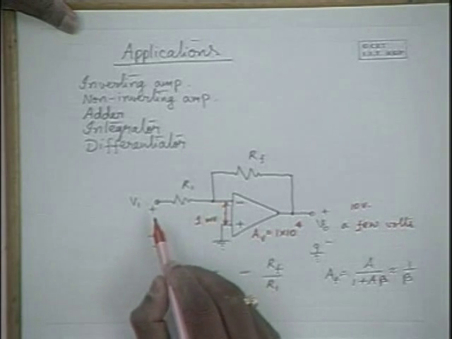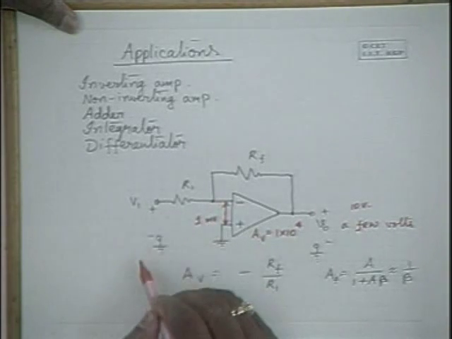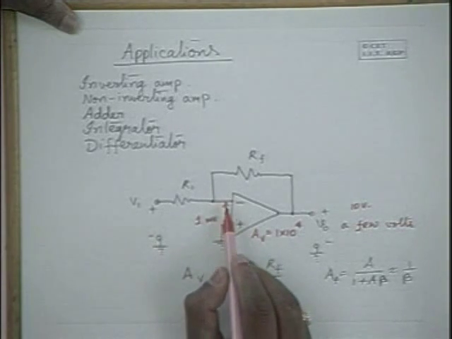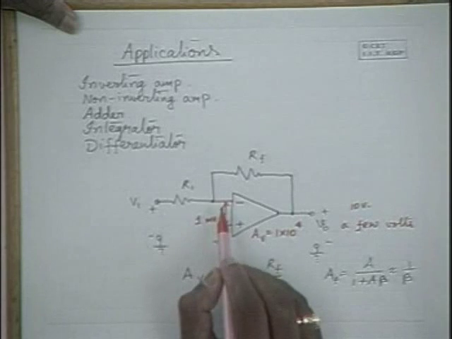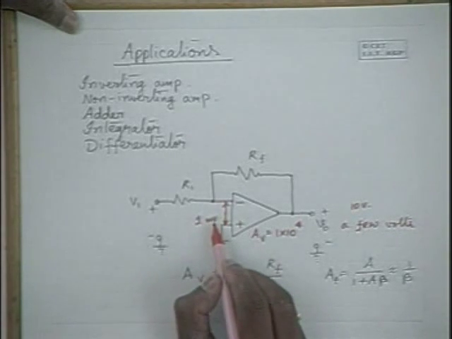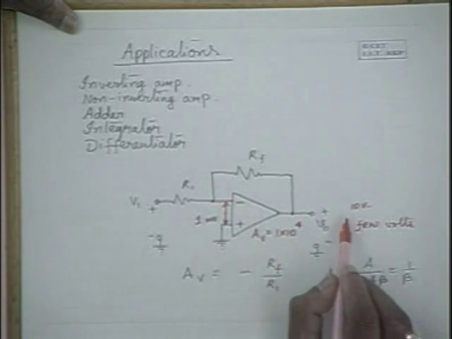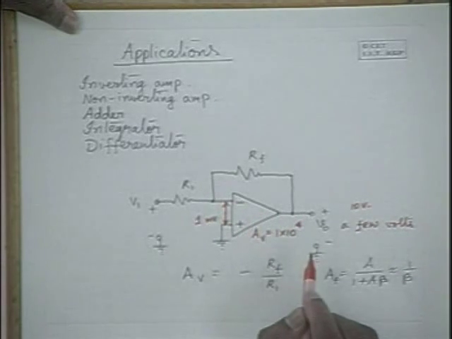The input may be a few volts, but at the differential input terminals of the op amp, the voltage is very low, of the order of 1 millivolt. So then only you will have an undistorted output of 10 volts.